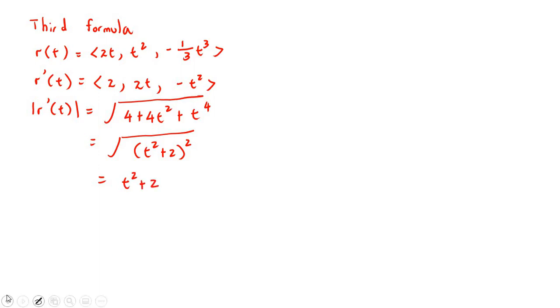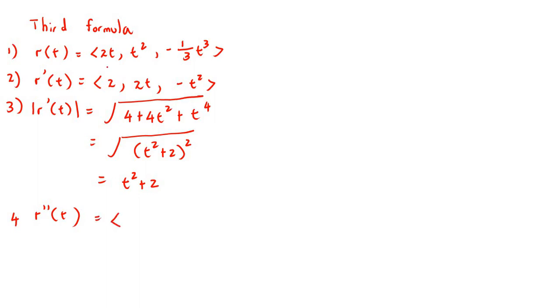Using the third formula, we need R double prime t. From R t you find R prime t, then the magnitude of R prime t, then you find R double prime t.